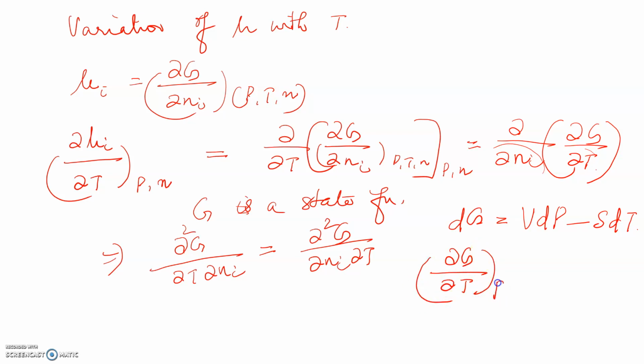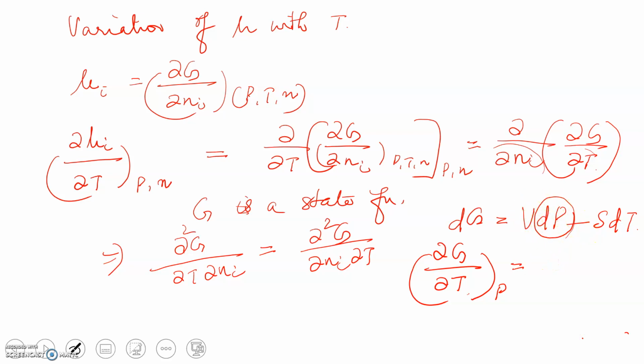From this, what is dou G by dou T? In order to find dou G by dou T, we have to keep pressure constant. That is, at constant P, dP is 0, hence this term becomes 0, and what is left is minus S. Dou G by dou T at constant pressure is minus S.